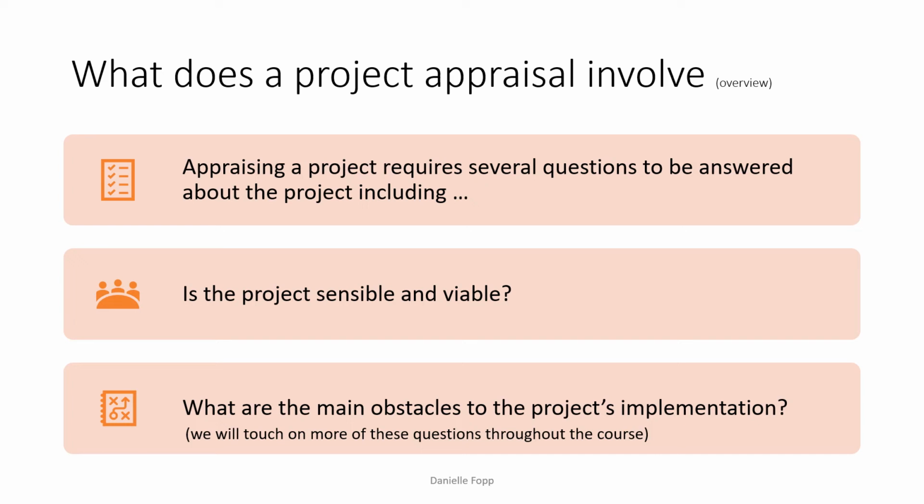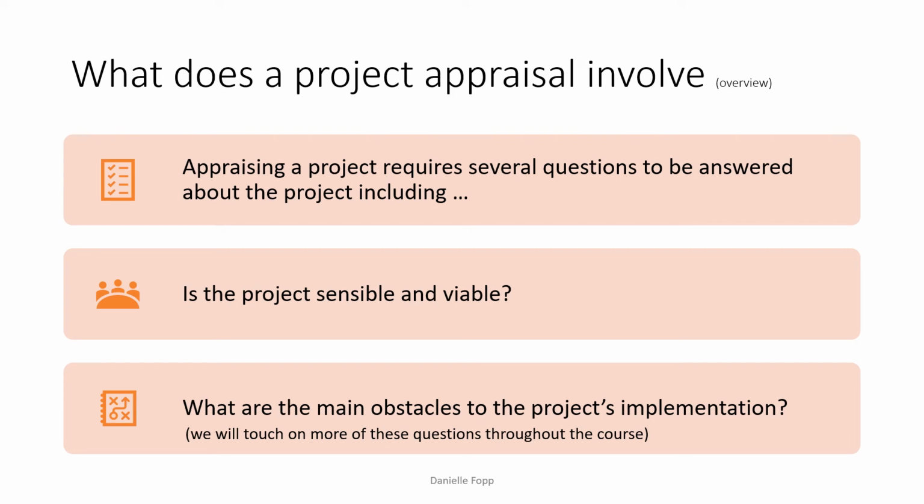So what does a project appraisal involve? Well, let's provide a quick overview, and we will build on this throughout the rest of the course. Appraising a project requires several questions to be answered about the project, and we know that these include that the entire project should be objectively appraised from an economic perspective, from a strategic perspective, from a technical perspective, environmental, legal, political, social perspective, plus many more.